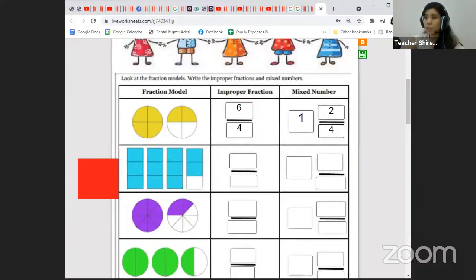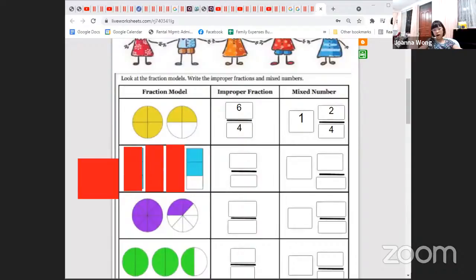Joanna, can you tell me how many pieces here? How many whole numbers? 3 whole numbers. 3.